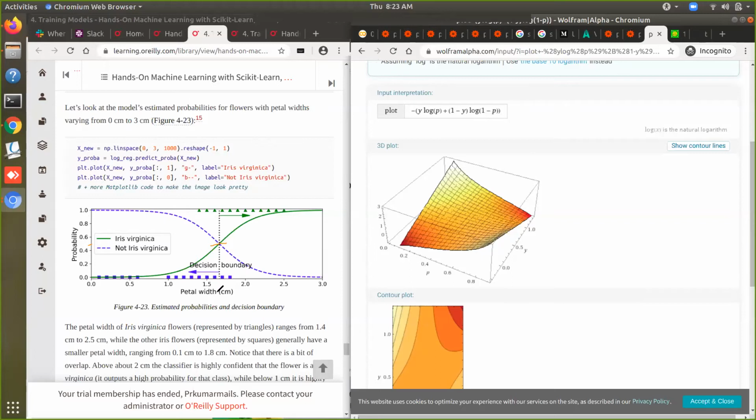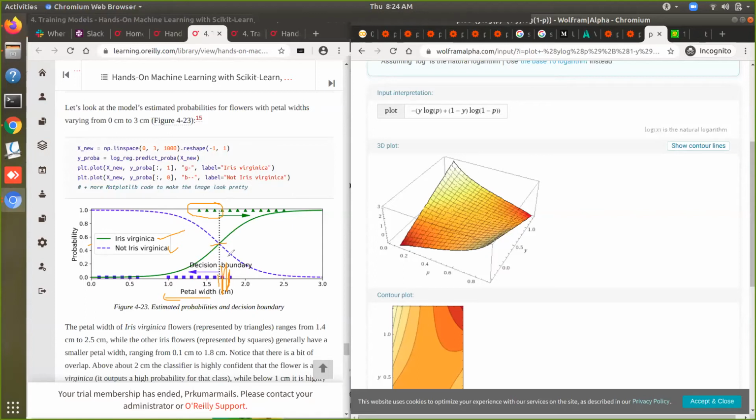When the petal width is greater than 1.5 centimeters, as per the probability 0.5 cutoff, we can say that it is an iris virginica flower. When the petal length is lesser than that, we can say that it is not an iris virginica flower. But as per our data, we can find that there are some iris virginica flowers having lesser petal width.